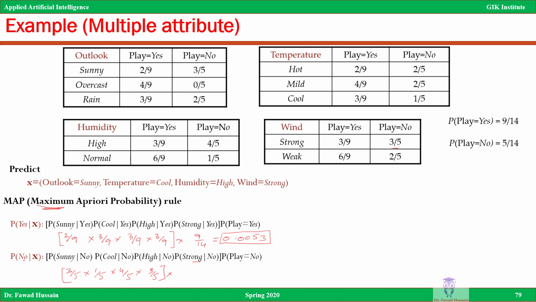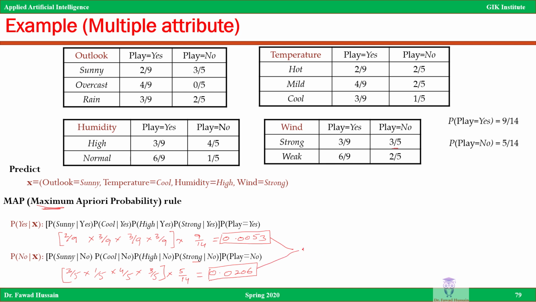Multiplied by, since we assume it's a no, the probability of no, which is 5 by 14. If you calculate that, you will get 0.0206.